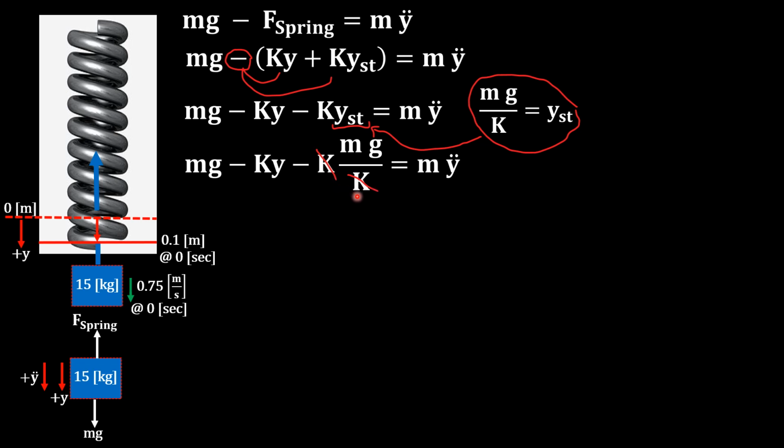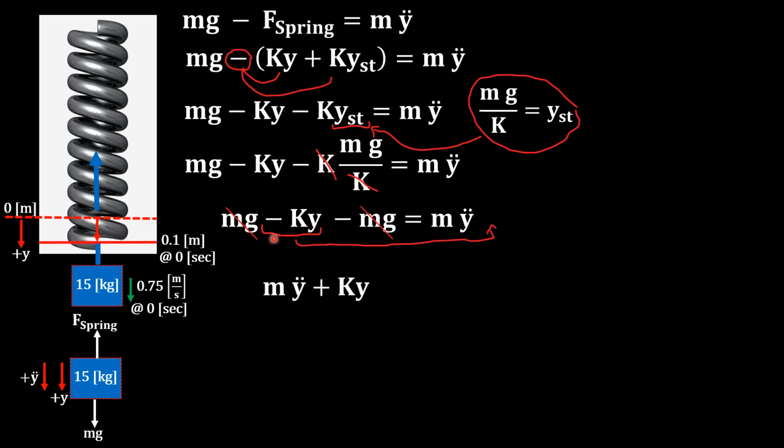So the k value will cancel with this k value. So here we can rewrite the equation mg minus ky minus mg equals m acceleration. So the mg in here will cancel with this mg in here. And here the minus ky will move to the other side of the equation to get rid of the negative sign. So mass times acceleration plus ky equal to 0.